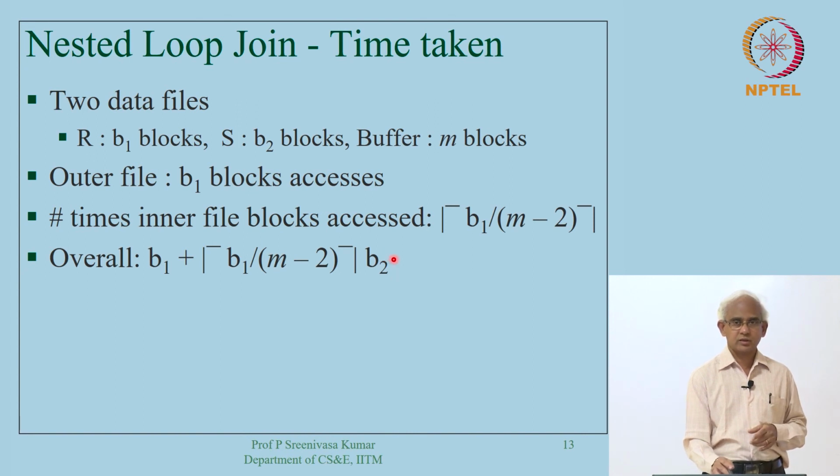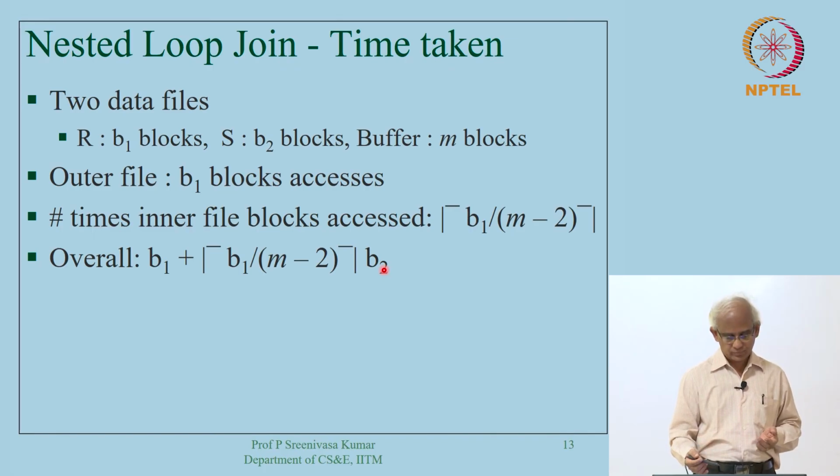This file has to be repeatedly read for a chunk of the outer file. For a chunk of the outer file you read the entire inner file, and then you get the next chunk of the outer file and read the entire inner file again. That is the block nested loop algorithm.